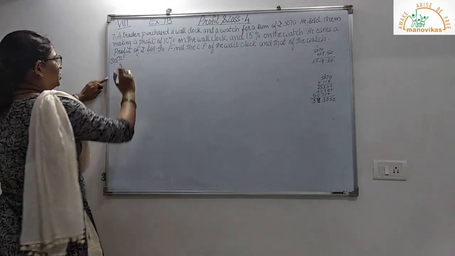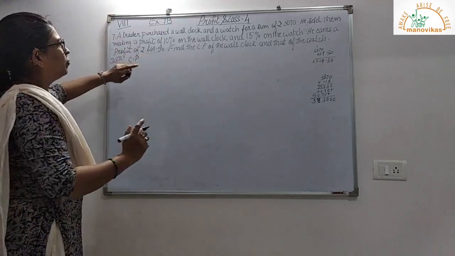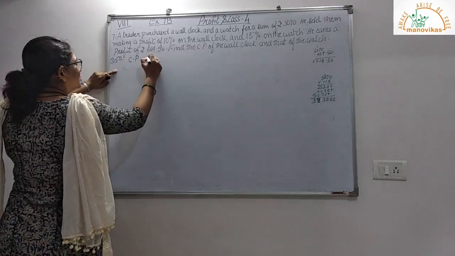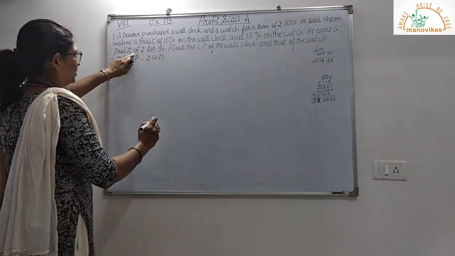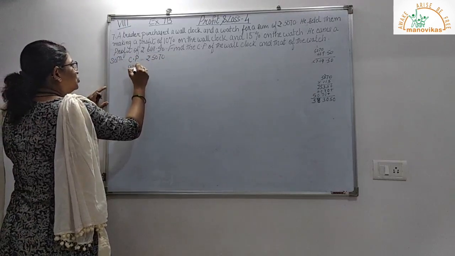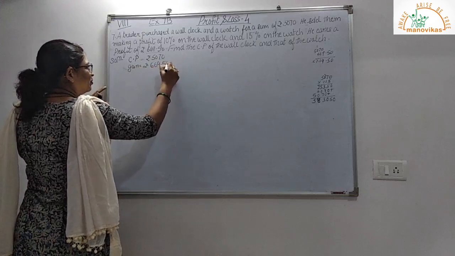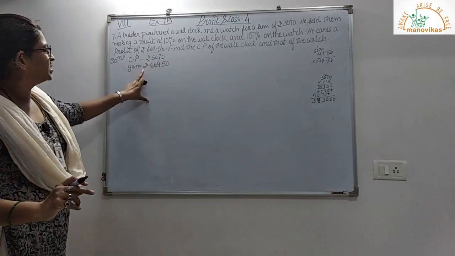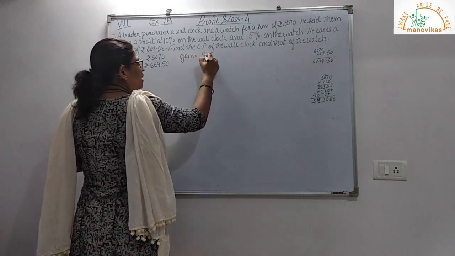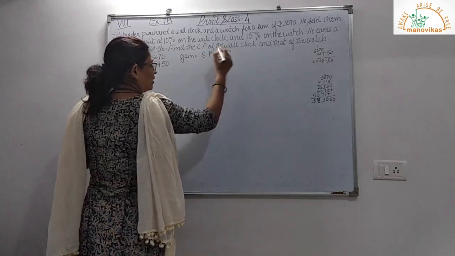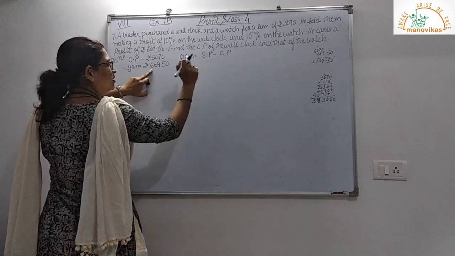Now as per given, first we have the total cost price, which is rupees 5070, and the profit, that is the gain, which is equal to rupees 669.50. Now we know that gain is selling price minus the cost price. We have the gain, we have the cost price, and we have to find the selling price.